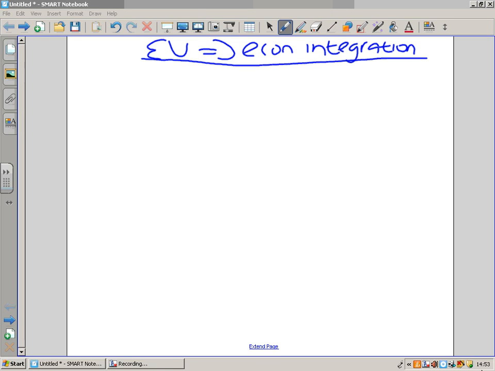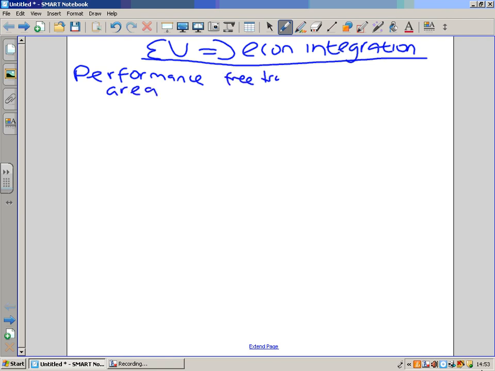You've got to understand 5 different types of economic integration. We've got a preferential trading area, we've got a free trade area, we've got a customs union, we've got a common market, and then finally, we have what we call economic union.